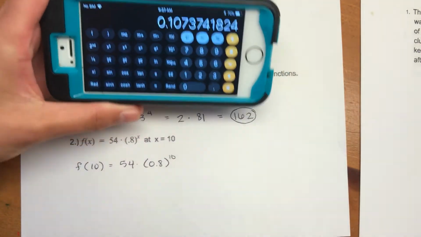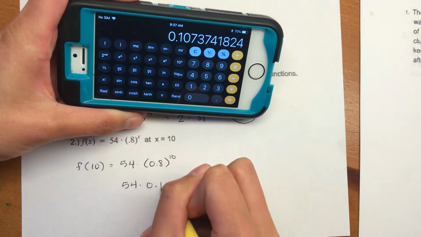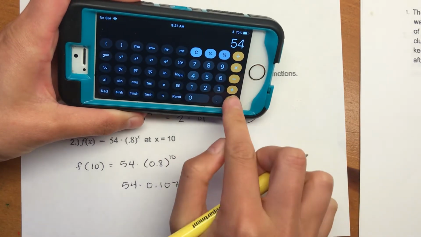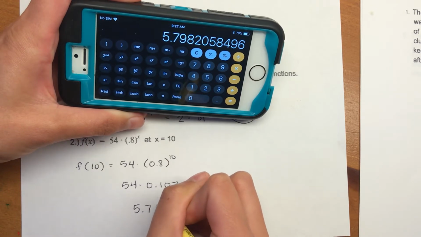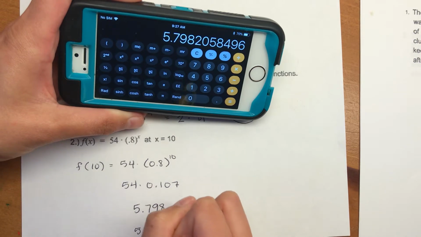And I get 0.107. So I multiply this by 54, and my final answer will be 5.798, or if I round to 2 decimal places, that would be 5.8.